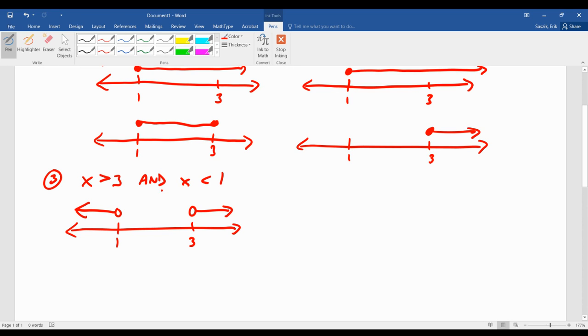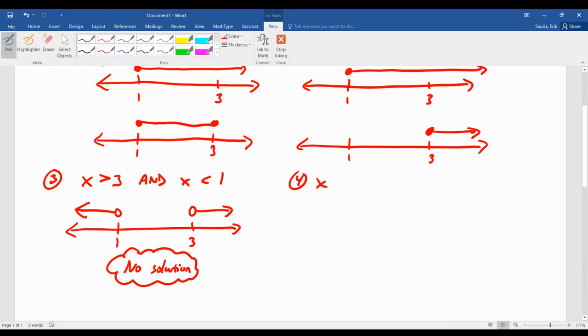Now here this says and, so you're looking for the overlap. These don't overlap at all. So this actually is no solution. There is no number in the world that is bigger than 3 and at the same time less than 1. It's not possible. Okay.